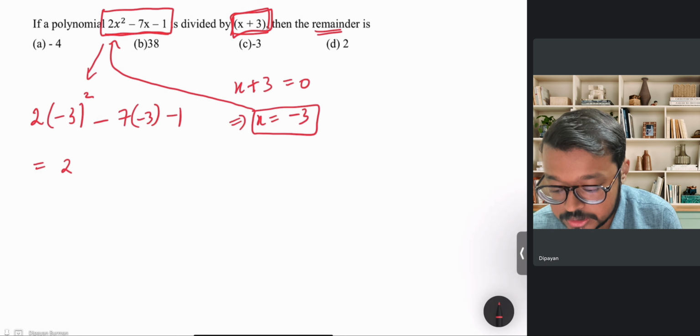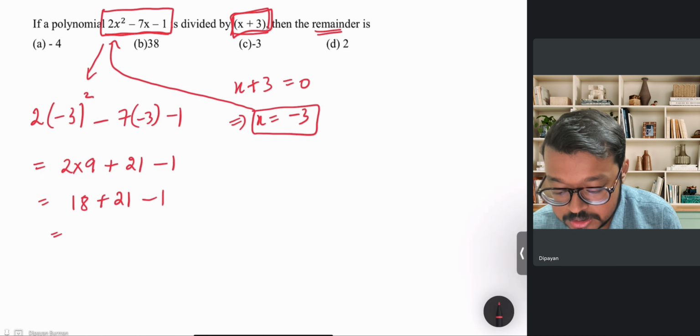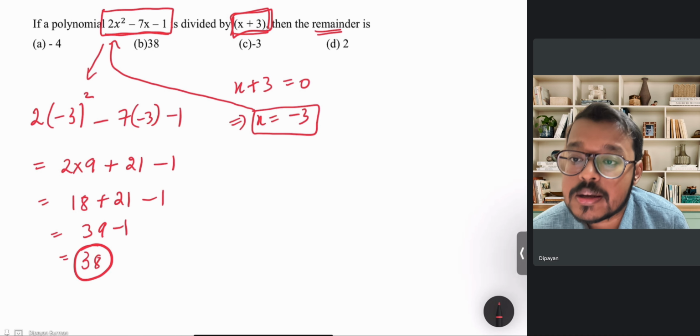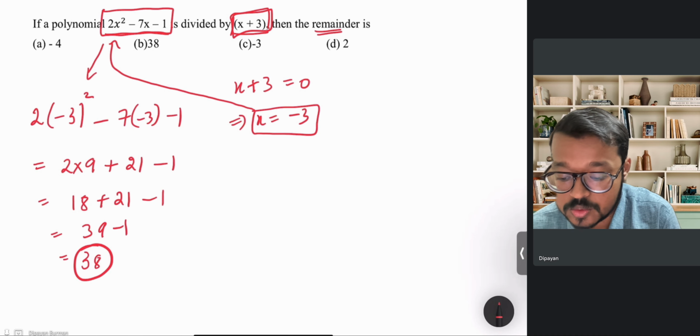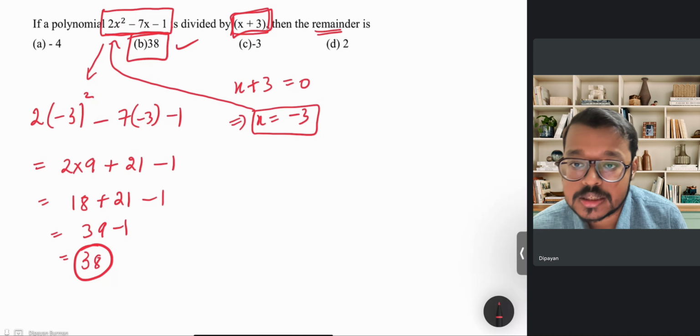So this is 2 into 9 plus 21 minus 1. That is 18 plus 21 minus 1, which is 39 minus 1, which is 38. So 38 is the remainder after the division. So option B, 38, is correct.